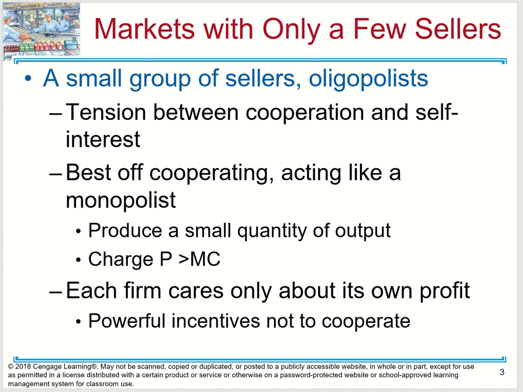And a monopoly can charge a price that's more than marginal cost, so profit can be maximized within the market. However, if each company only cares about themselves and wants to cheat and behave according to their own self-interest, then the market will not act in cooperation.